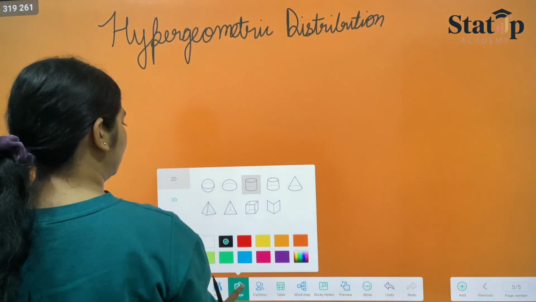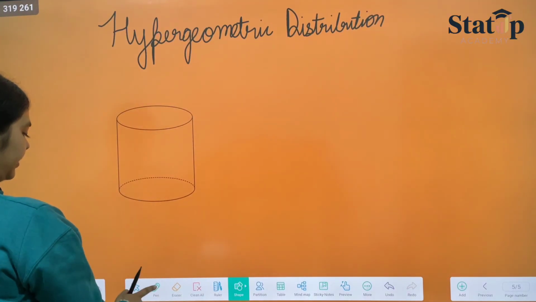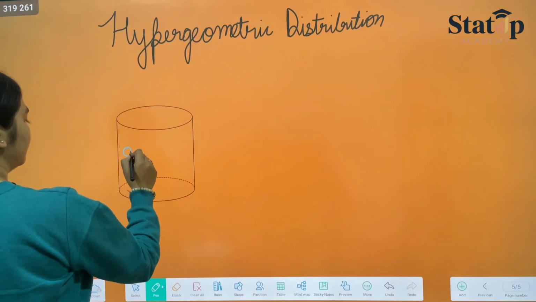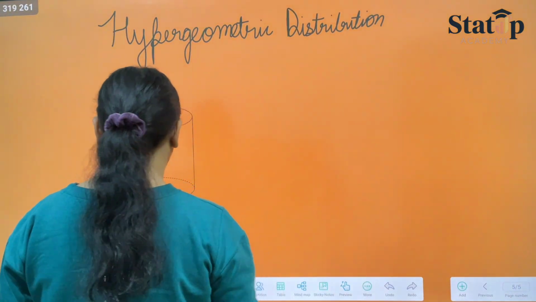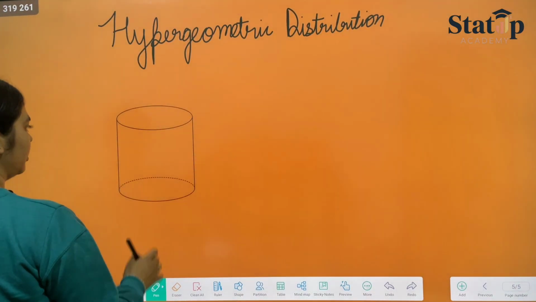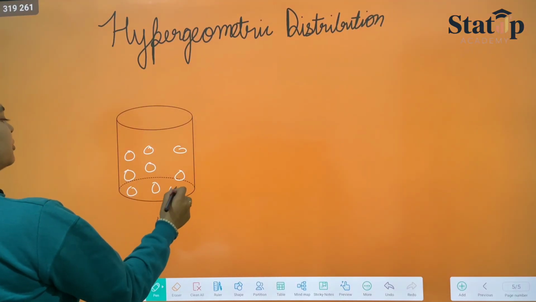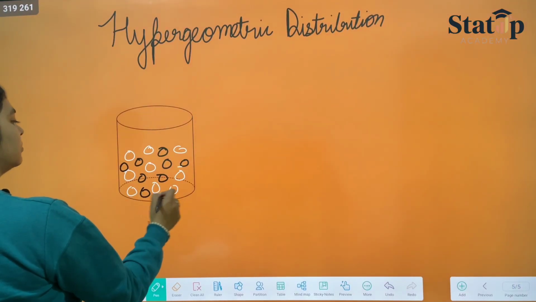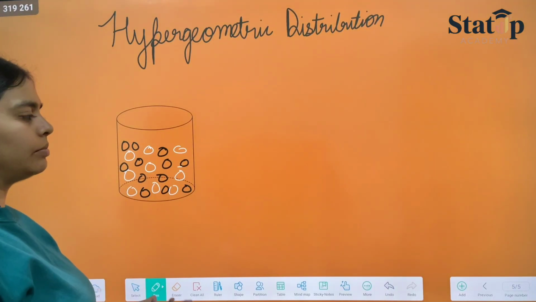So let us take an urn. This is an urn, and suppose this contains some white balls, suppose we don't know how many, and some black balls. Okay, so this one contains some white balls and some black balls.